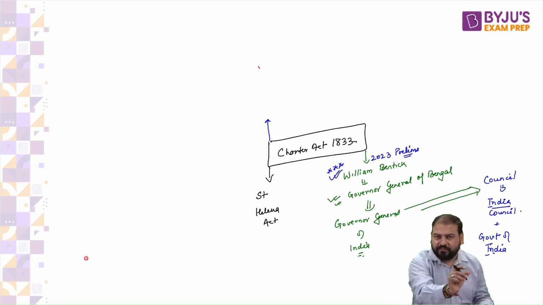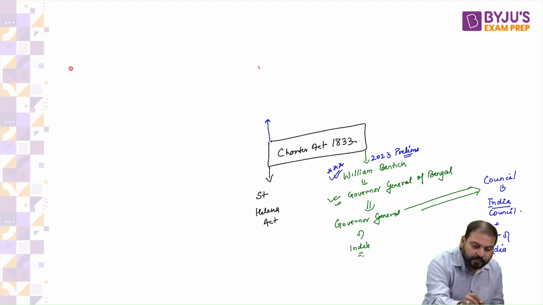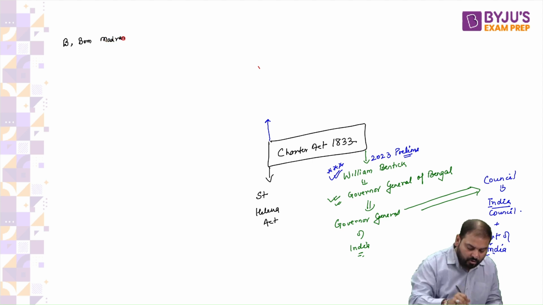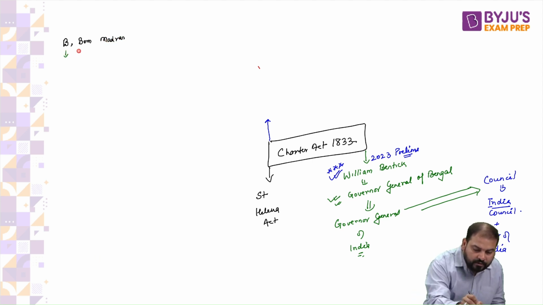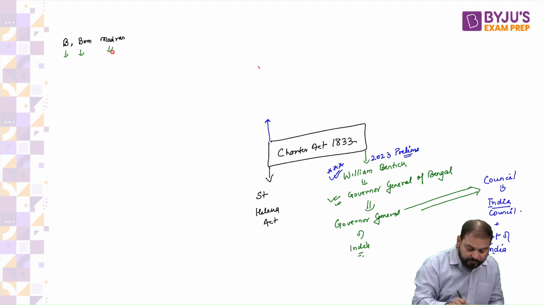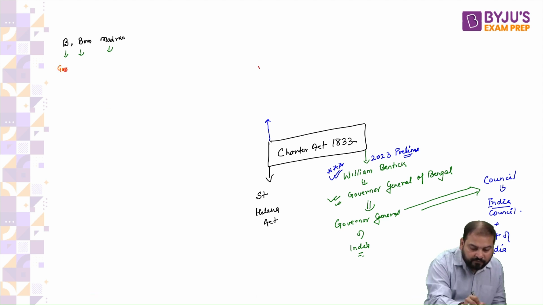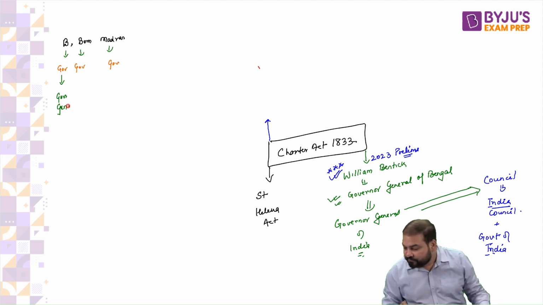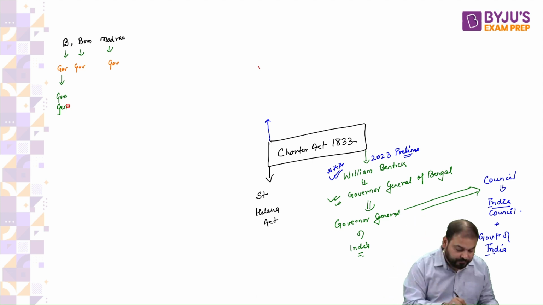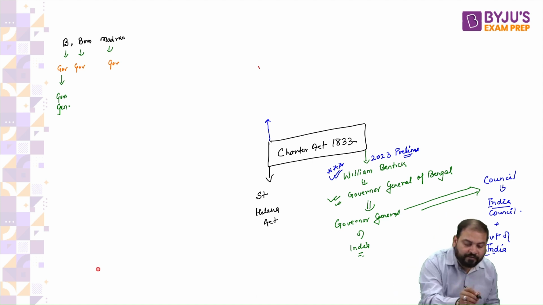Everyone, please see one problem here. Bengal, Bombay, Madras, all these three had one governor each. Now in Bengal, the governor became Governor General. So all of you tell me, who is the governor of Bengal now?